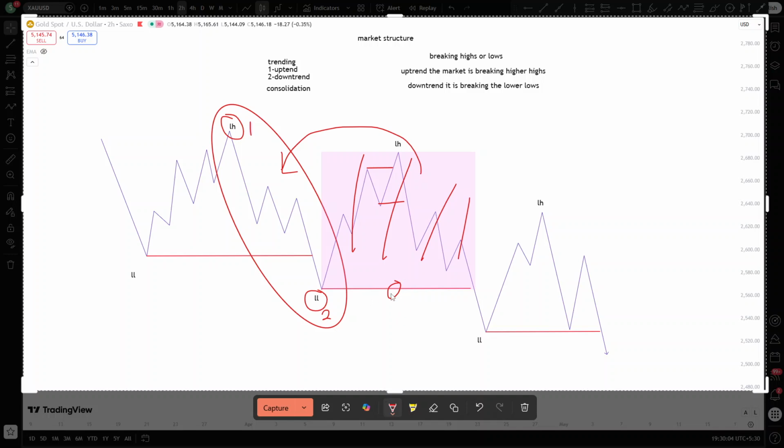Because this is our external range. So even when the market gives us the breakout of this part here, we are not going to consider it a change of direction. Why? Because this is just liquidity of this main range.